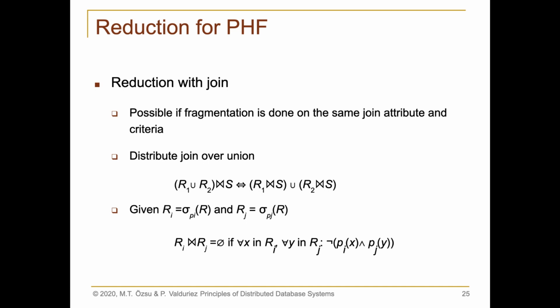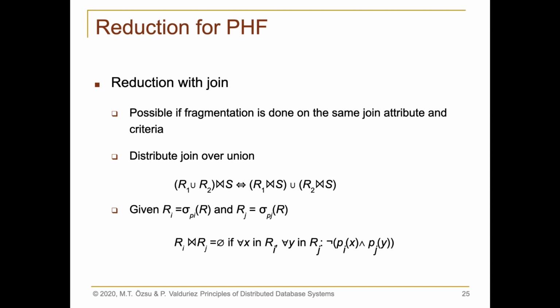Ri belongs to the primary horizontal fragmentation criteria Pi, and Rj belongs to the primary horizontal fragmentation criteria Pj. Eliminating unwanted fragments by using distribution of join over union can be performed by using this rule. The join between two subrelations Ri and Rj yields empty set if for all tuples x in Ri and for all tuples y in Rj, Pi does not hold for x or Pj does not hold for y.